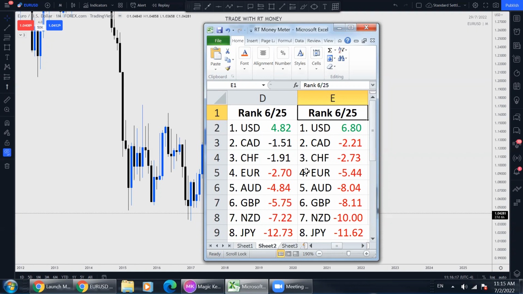It is swinging down while the US dollar is swinging up. These are the best kinds of matches you want to put together for a pair to trade, right? You want to put the strong against the weak, and if they have opposing momentum, those are the best trades, the best setups, right?